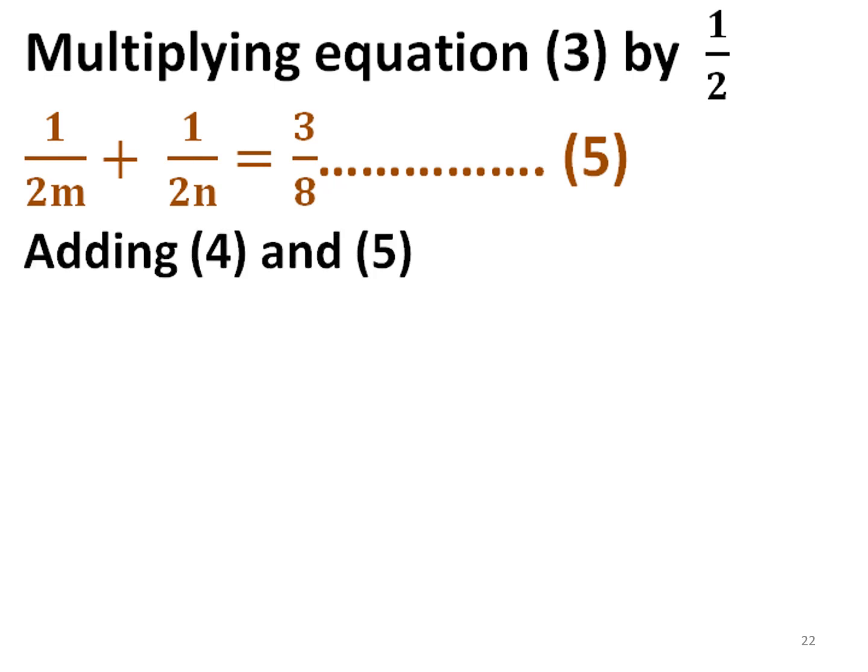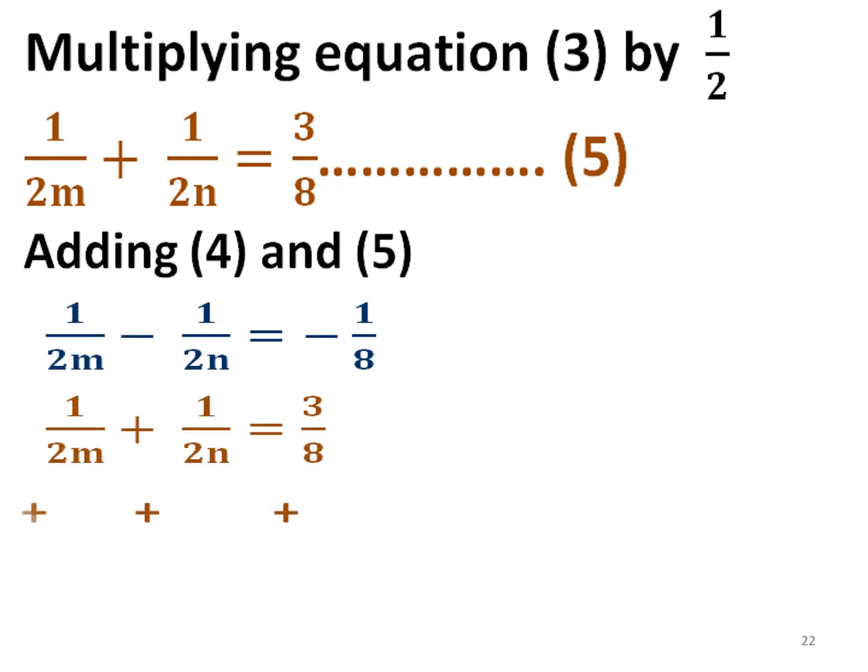Adding equation 4 and 5, 1 upon 2m minus 1 upon 2n is equal to minus 1 upon 8, plus 1 upon 2m plus 1 upon 2n is equal to plus 3 upon 8.